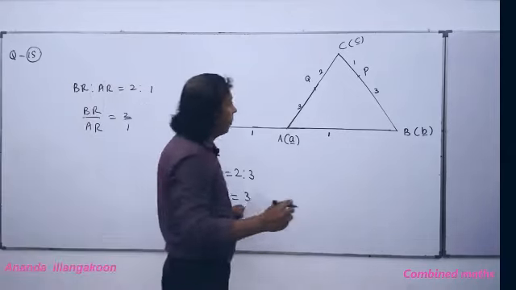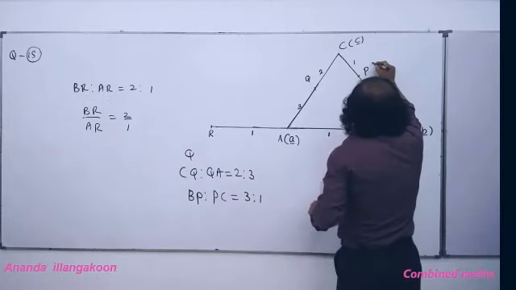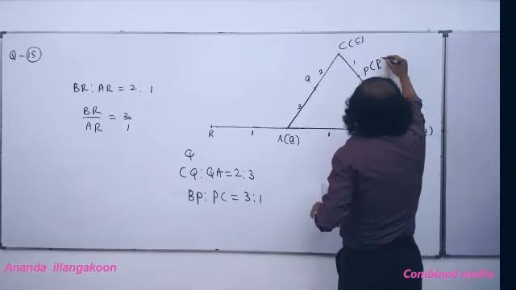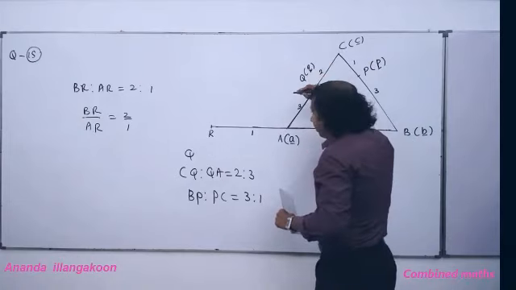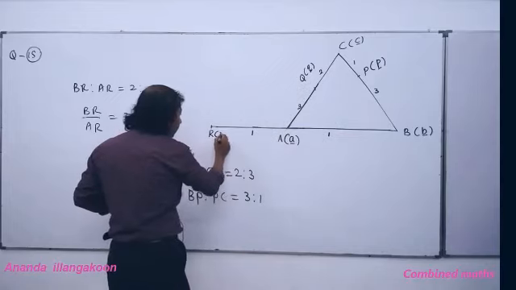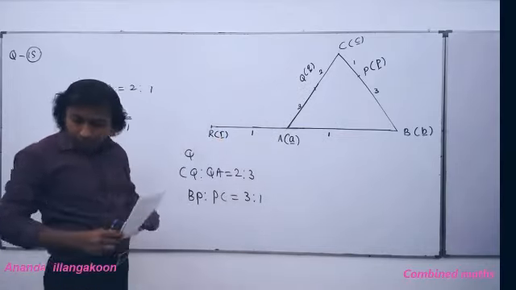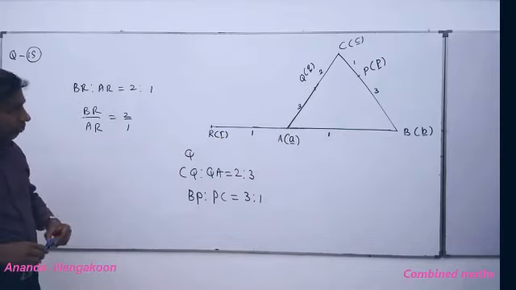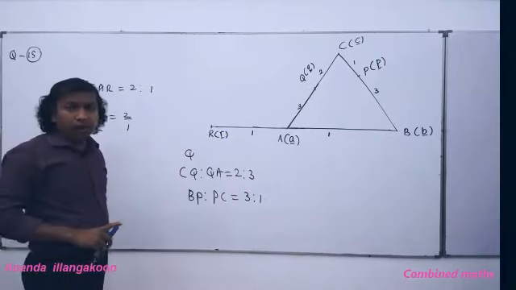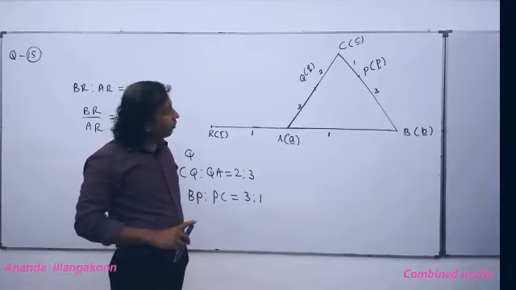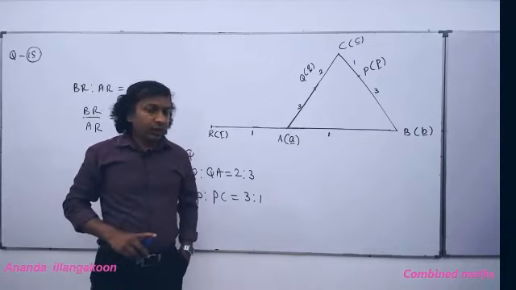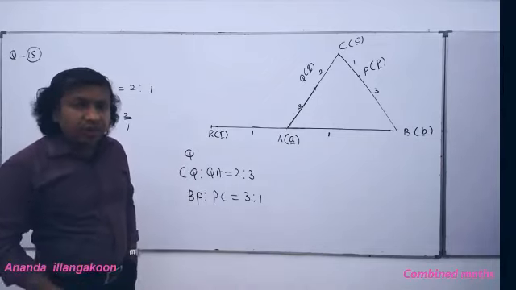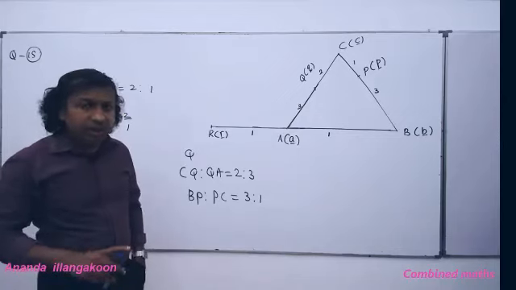And we are given the position vector of the point P as simple P vector. The position vector of the point Q is simple Q vector, and that of R is simple R vector. Understood? Now I am going to find the position vectors of the points P, Q, and R by using the ratio theorem, so that we do this question in the least time.